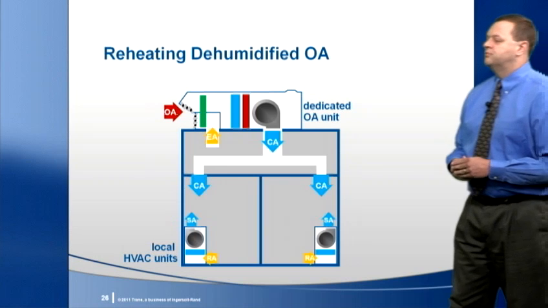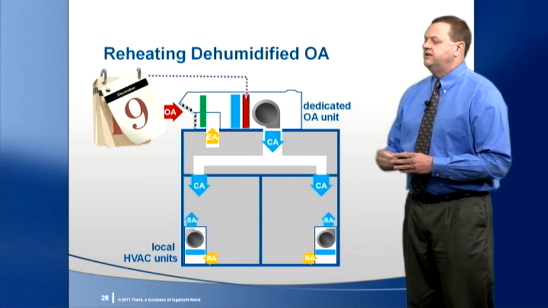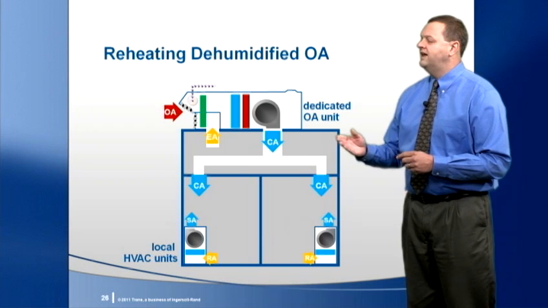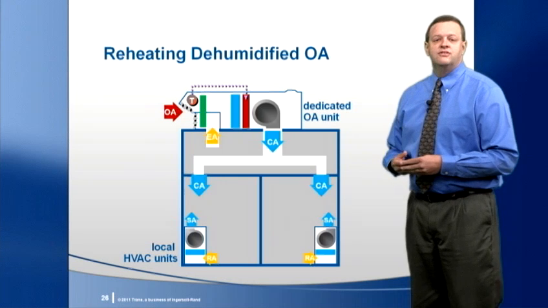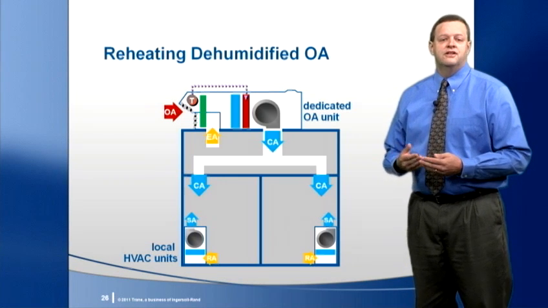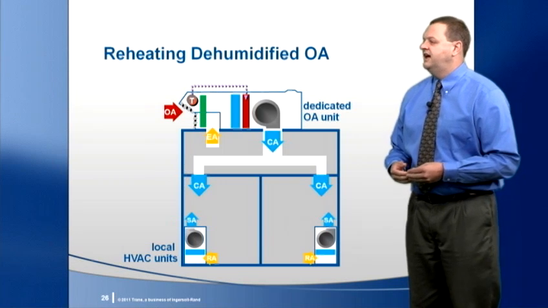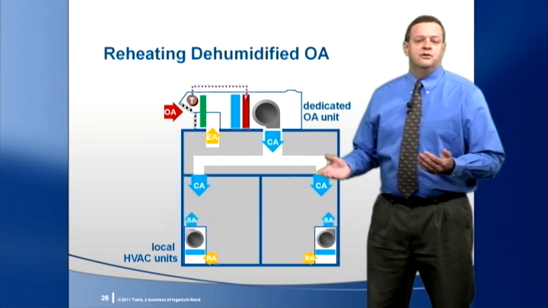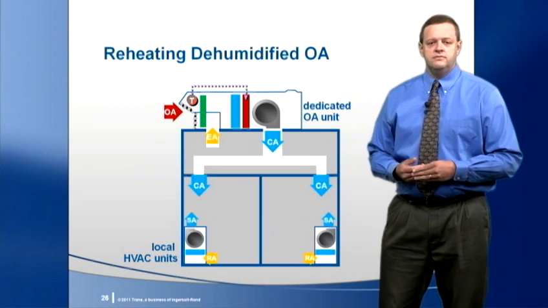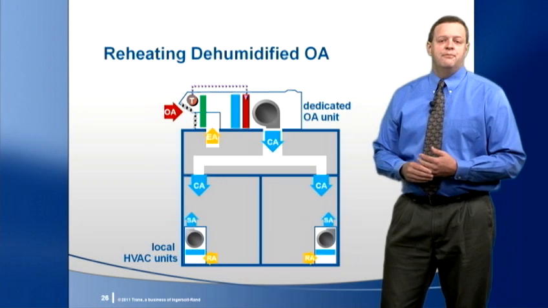A very simple control approach would be to activate the reheat coil only during the colder months of the year, or whenever the outdoor temperature drops to the point where the sensible loads in some of the spaces are low enough that the cold outdoor air is expected to cause overcooling. For example, maybe you activate this reheat coil whenever the outdoor temperature drops below, say, 65 degrees. Of course, this limit could be changed by trial and error after a few months operating the system.